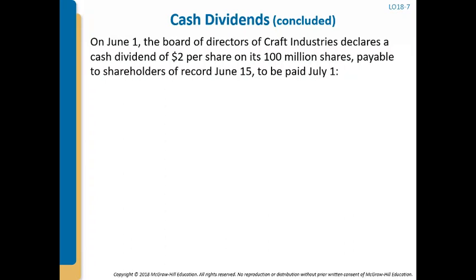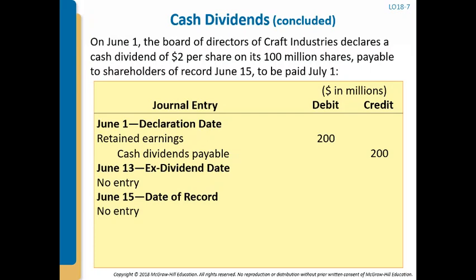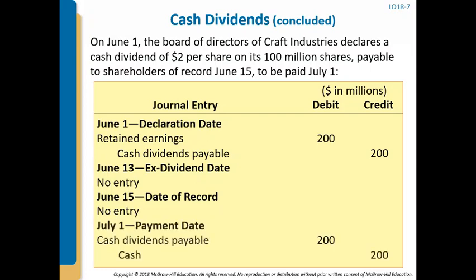And so on June 1, they're going to debit retained earnings and credit cash dividends payable. Now on the ex-dividend date, which would be 2 days before June 15, nothing happens, nor does anything happen on the record date or date of record. And then on July 1st, the company pays each shareholder of record as of June 15 their portion of the cash dividends.